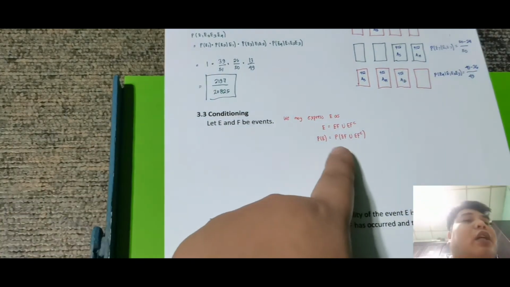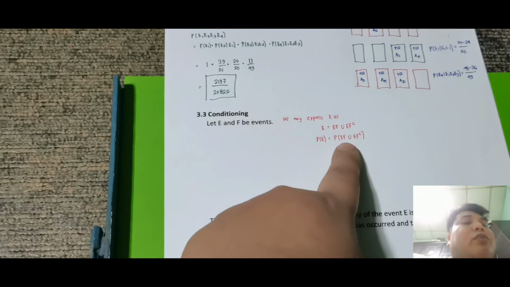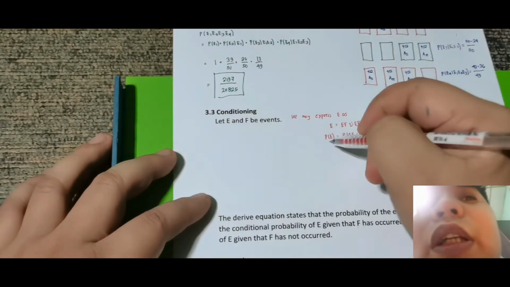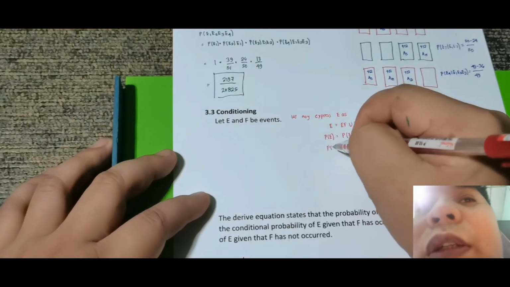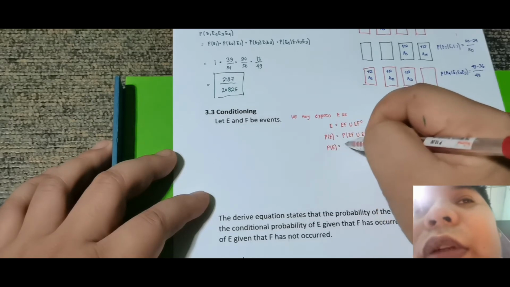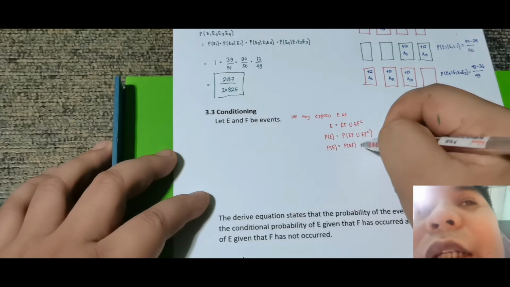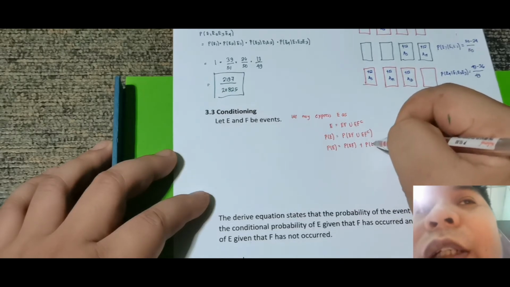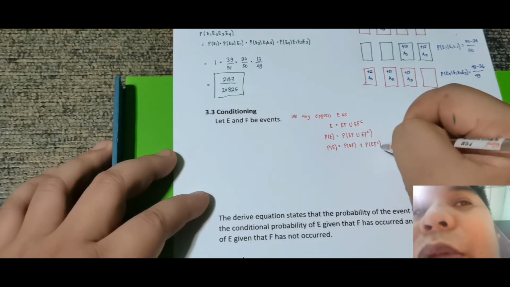Now, since this is both mutually exclusive, applying axiom 3, by axiom number 3, this is probability of E is equal sa probability ng EF plus probability ng EF complement.